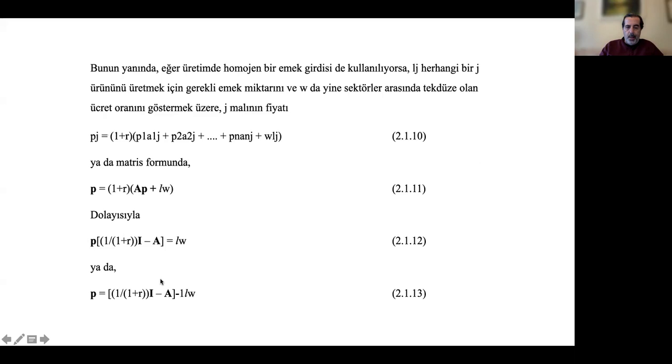Anyway, on the basis of this, we can also add a homogeneous labor input into this equation, in which case, if this is Lj, it is the amount of labor that is used as an input in a sector J, basically. And the wage rate is W, so therefore the labor cost is W times the quantity of labor used.